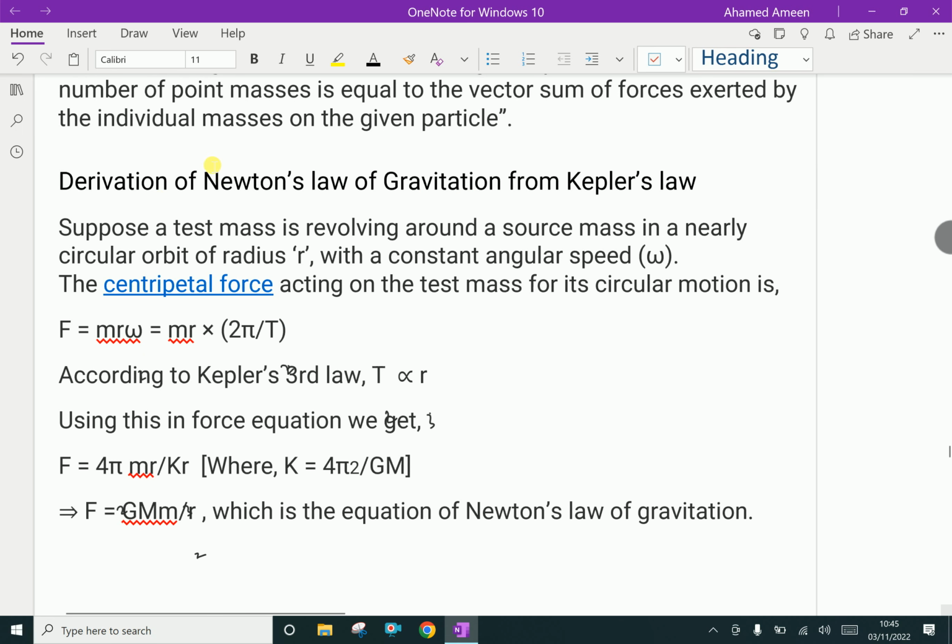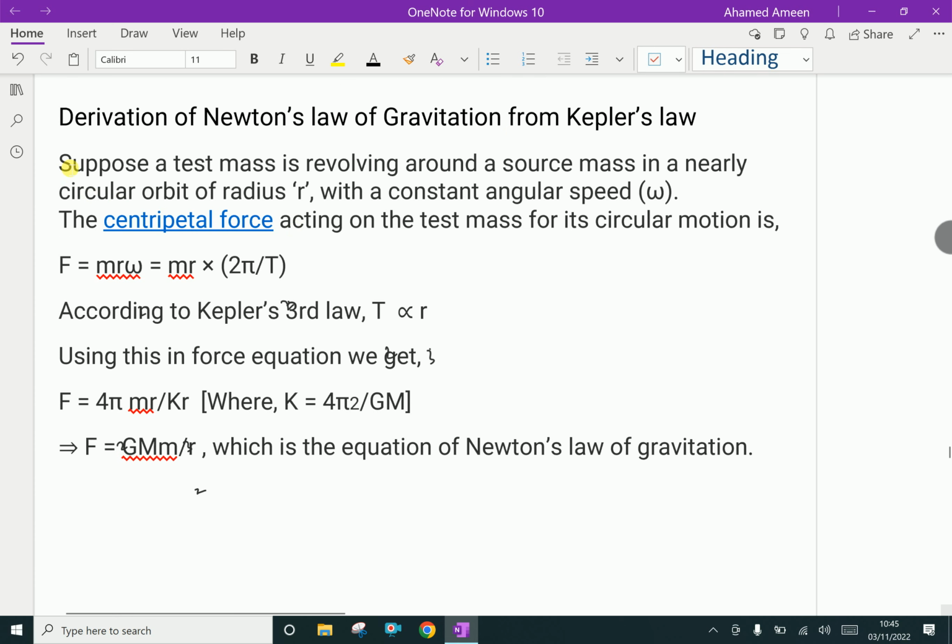Now we can derive Newton's law of gravitation from Kepler's law. Suppose the test mass is revolving around a source mass in a nearly circular orbit of radius r. That means here the source mass is there, here the test mass, and between them is r.